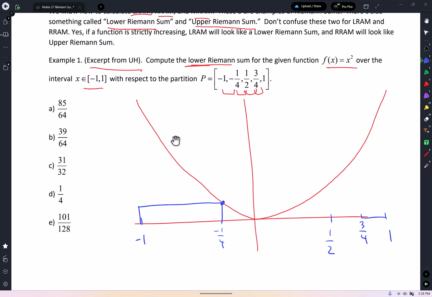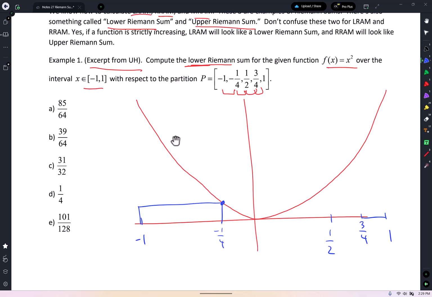Between the next partition, negative 1/4 and positive half, I'm looking for the lowest y value. And it can be anywhere between negative 1/4 and a half. So where is my lowest y value? At 0.